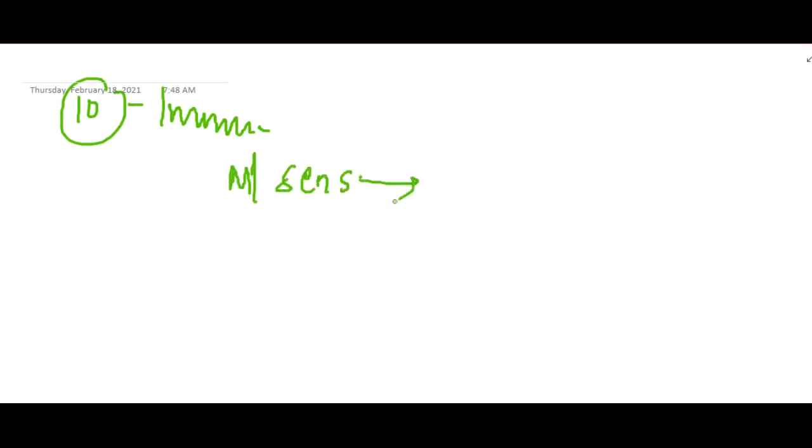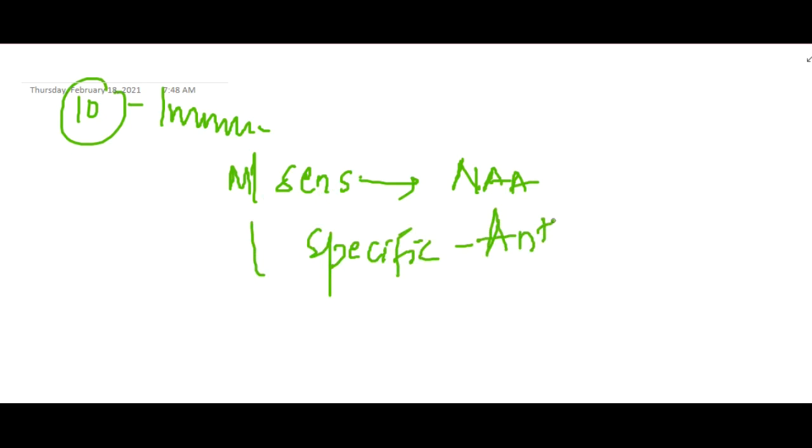Then what about the immunological criteria? These are the 9 criteria I have told you. The 10th criterion is the immunological criterion. The most sensitive antibody responsible for SLE is anti-nuclear antibody. The most specific is anti-Smith antibody.